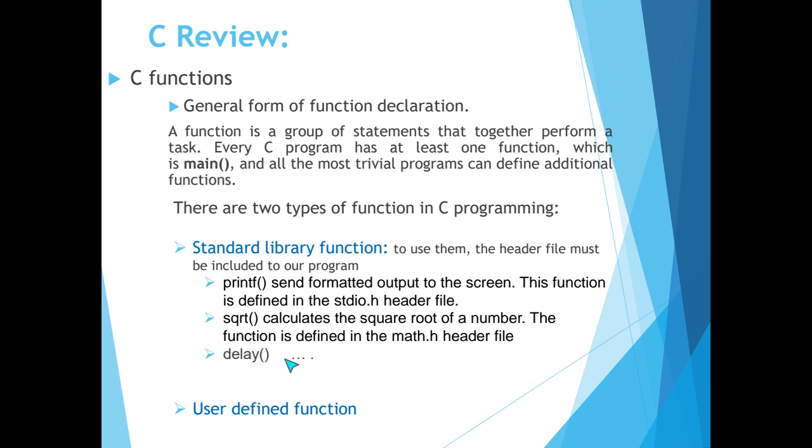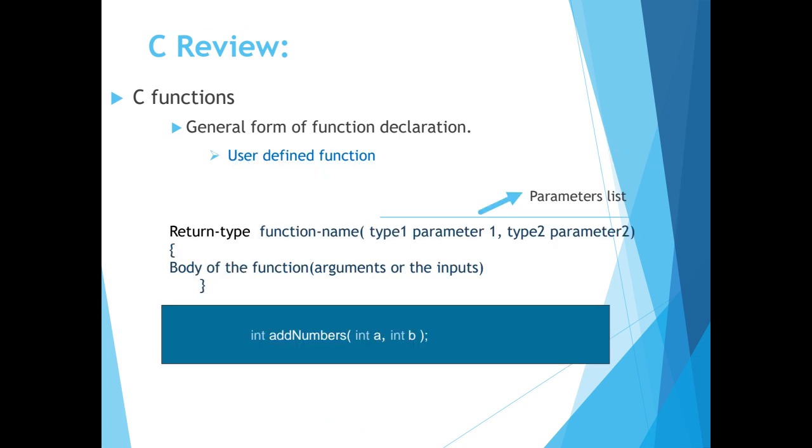Or for example, delay: when we are trying to create a delay, we use this library function, and to do that we should add the header file related to that. When we write the codes, we will talk more about them, and we will use the header files related to them.